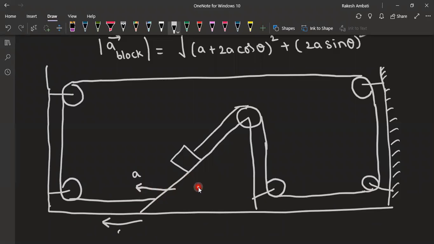For example here, this block is moving down through distance y, block B moving down through distance y. Same thing we have to find. Here this block is always in contact with the wedge. So we have to find the block acceleration. Wedge acceleration is given, and we have to find the block acceleration.